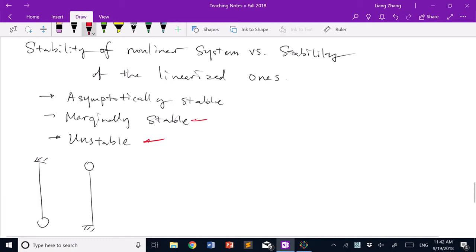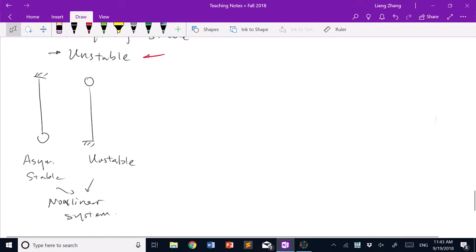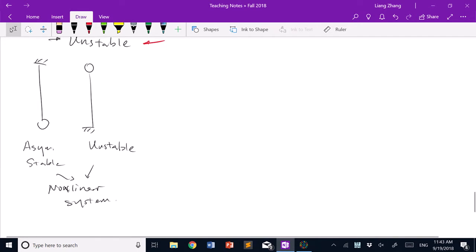And so the question is, how do we do the determination using the linearized system? As an example, if we still look at this pendulum example, we can see that this particular equilibrium where it's pointing downward is asymptotically stable, because if you move it away from this position, it will eventually move back to this point if no external force is applied.